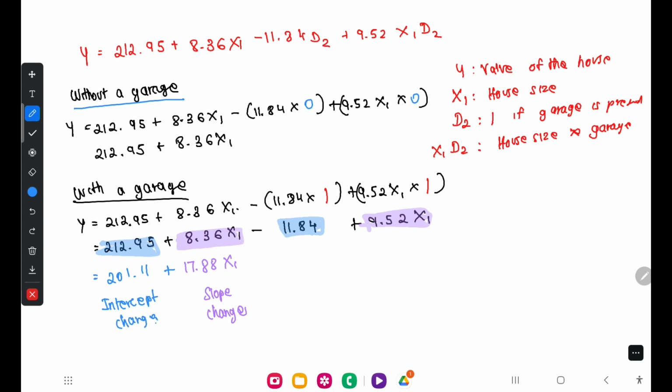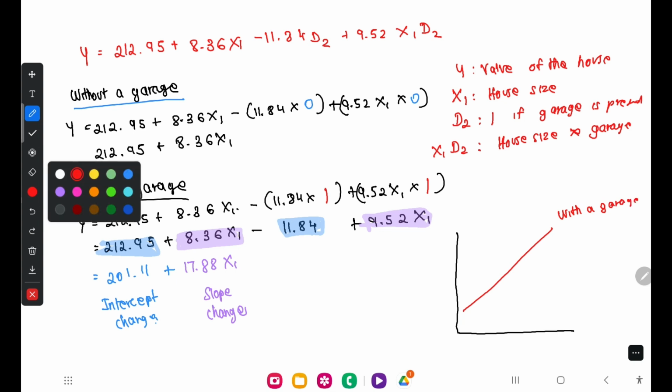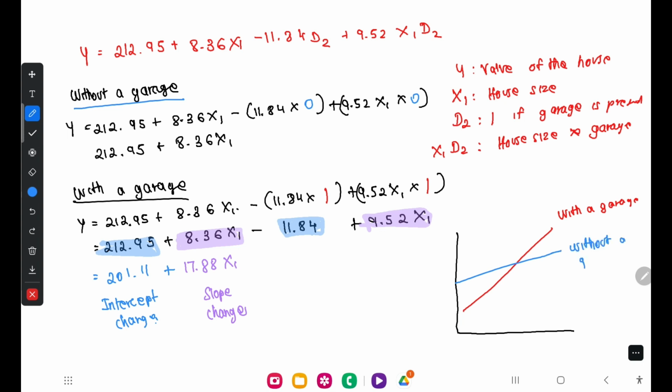So your graph would look something like this. 201, that means with the garage, will come below like this. And without a garage will be like this. Right? You all agree?